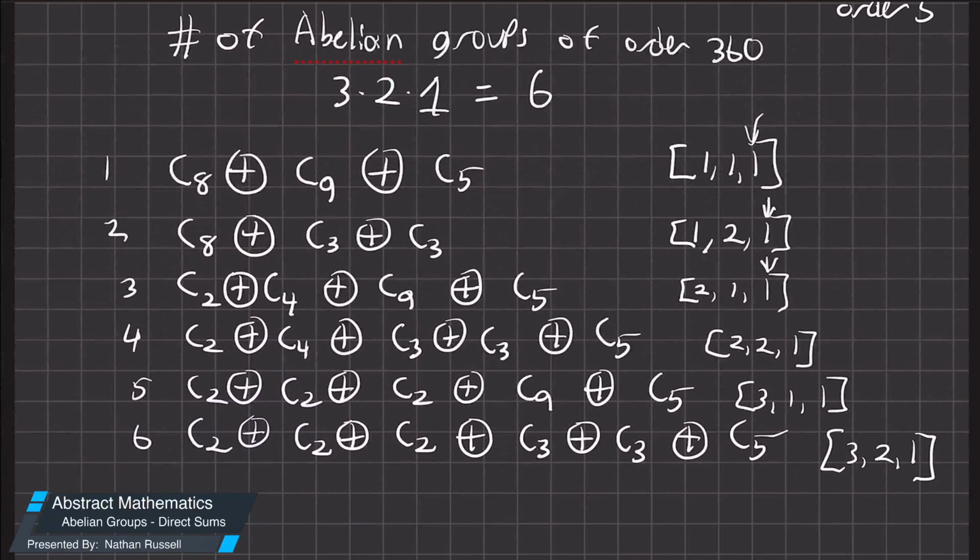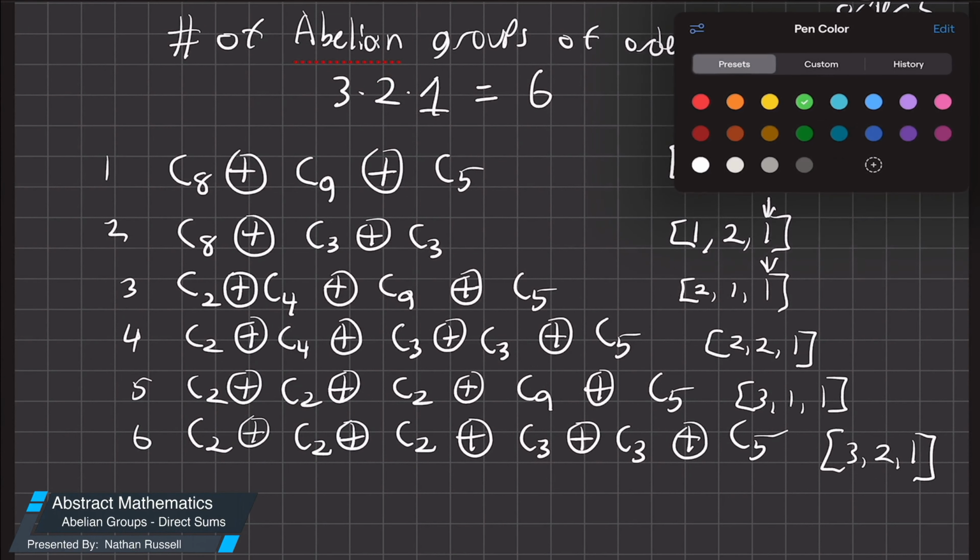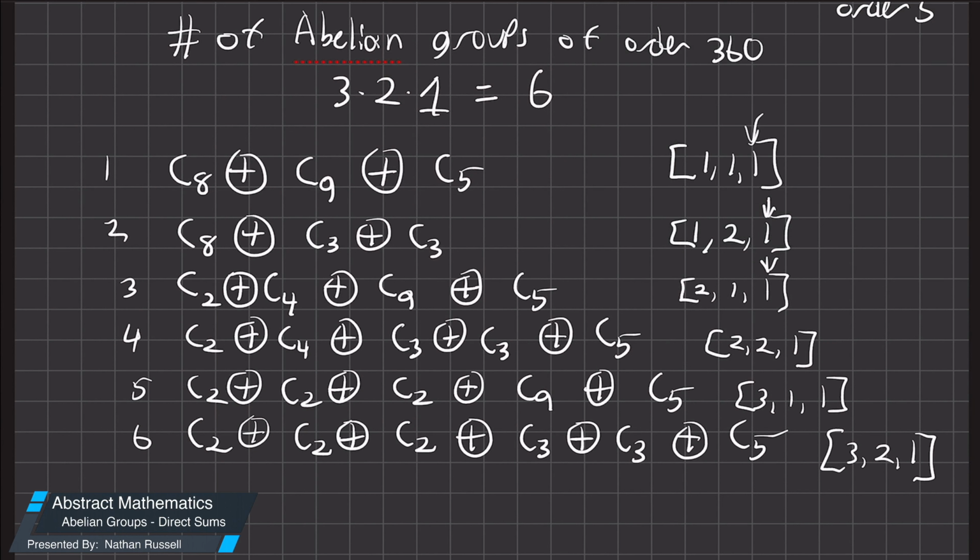So for the C, I'll underline the blue ones. So this is prime base 2, prime base 2, prime base 2, prime base 2, prime base 2, and prime base 2. And then the green will be prime base 9. Oh, look at what I did. I actually made a little mistake here. This should be direct sum C5.